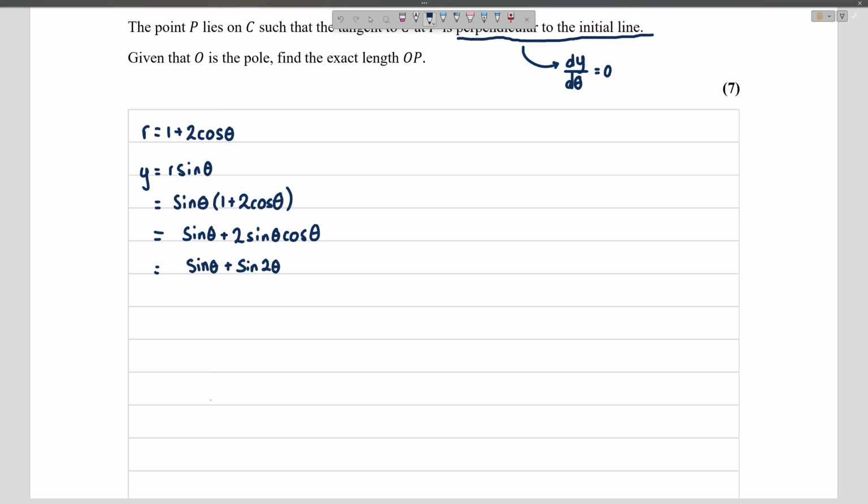As we said at the beginning of this question, we require dy by d theta equal to 0. So let's differentiate y with respect to theta and set that equal to 0.